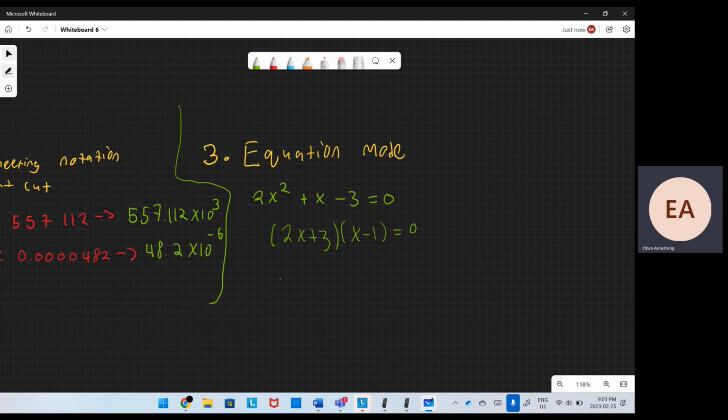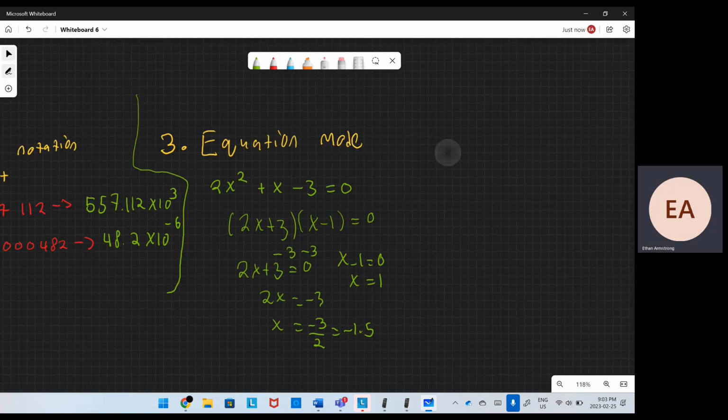And then you set each of these equal to 0. 2x plus 3 equals 0, minus 3 from each side, 2x equals -3, and then x would equal -3 over 2 or -1.5. And then x minus 1 equals 0, then x would just equal 1.